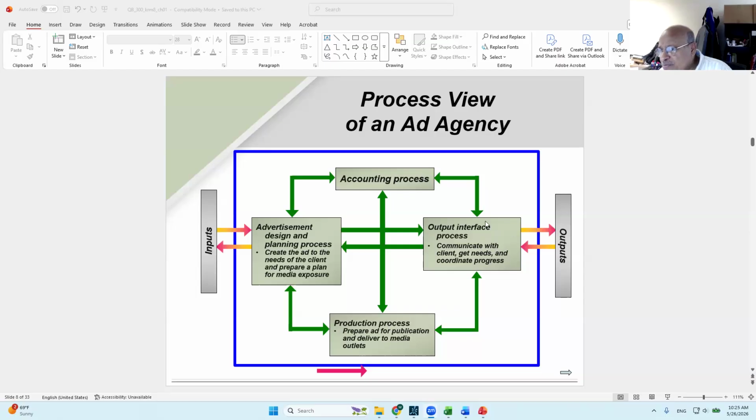Once the final advertisement is done, output interface process will contact NVIDIA, said, hey, I produced 3 advertisements. Come and have a look. We'll go over together and pick the one that you like the most. Then they deliver and the money will come. That money will be transferred to accounting process. And this is the whole process of how an ad agency works.